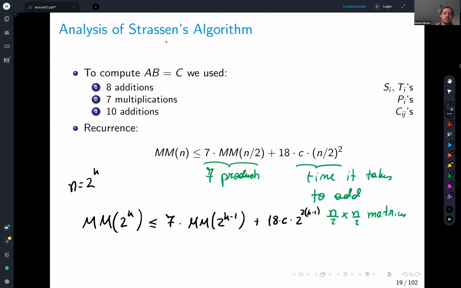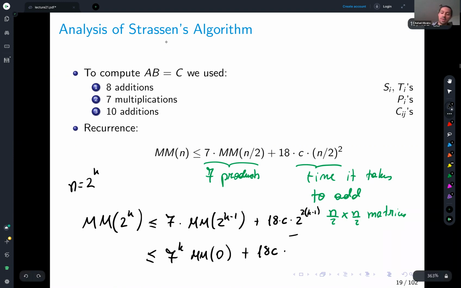And then if we unravel this recurrence, what do we get? This is less than or equal to 7 to the k times MM of 0, which is a constant pretty much, right? And then we have plus 18 times c times, well, what are we going to have? The first thing is 2 to the 2k minus 1.